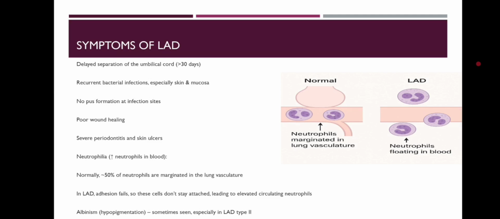Lastly, hypopigmentation, or lighter skin and hair, is sometimes observed, particularly in LAD type 2, due to its specific underlying genetic defect affecting glycosylation. These symptoms, especially in combination, strongly indicate a potential diagnosis of leukocyte adhesion deficiency.